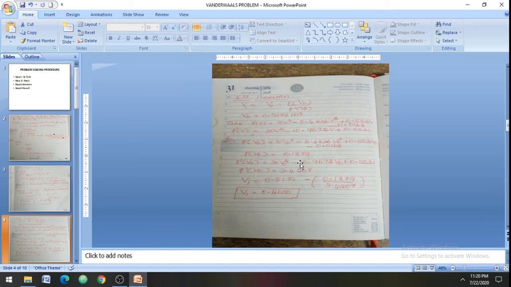Similarly, in f dash of V, replace V with V naught and find out f dash of V naught, 3.4207. Okay. So now we have three values: V naught, f of V naught, f dash of V naught. We substitute these values and find out V1, 0.4630.